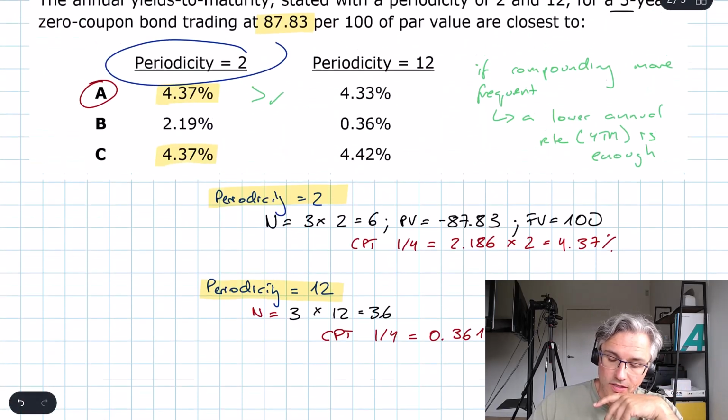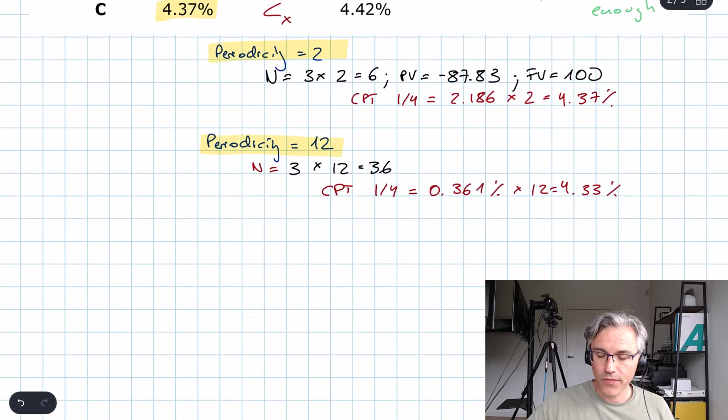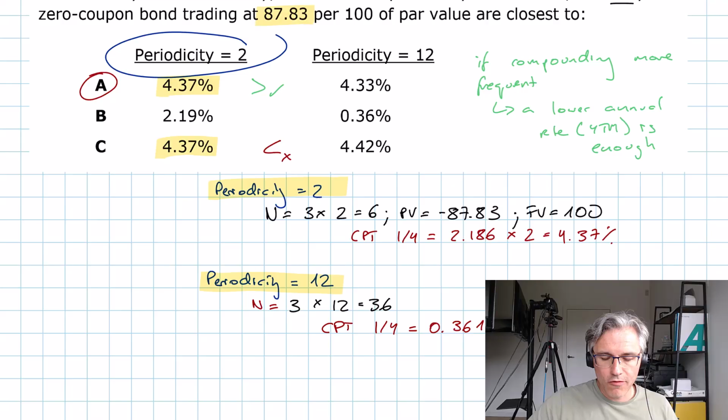So you could have known this was correct. This cannot be correct. When you've got a higher periodicity, you're going to need a lower yield.